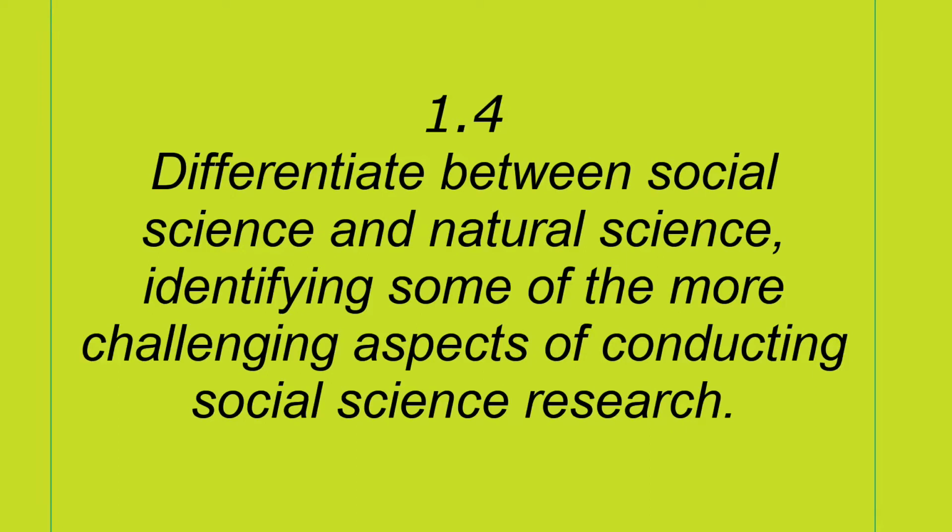Objective 4 asks you to differentiate between social science and the natural sciences. And again, this is an italicized skill, so you don't actually have to do this on any of the exams. But I put this in there because I reference social science a lot in the class. What's really important is, as you learn about scientific methodologies, there are some methodologies that are part of social sciences that are not part of what are called the natural sciences.